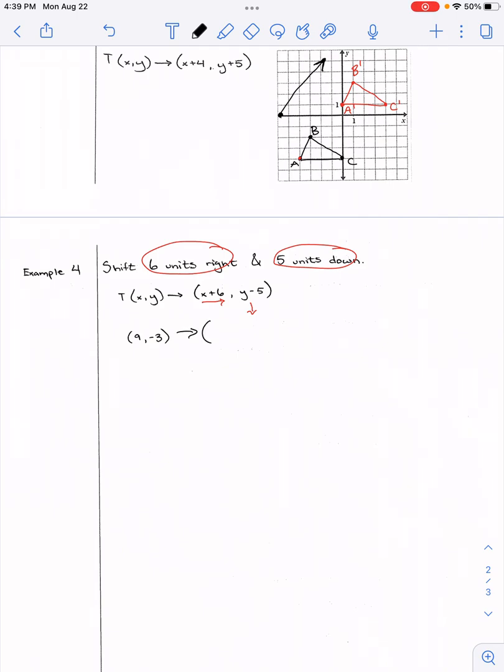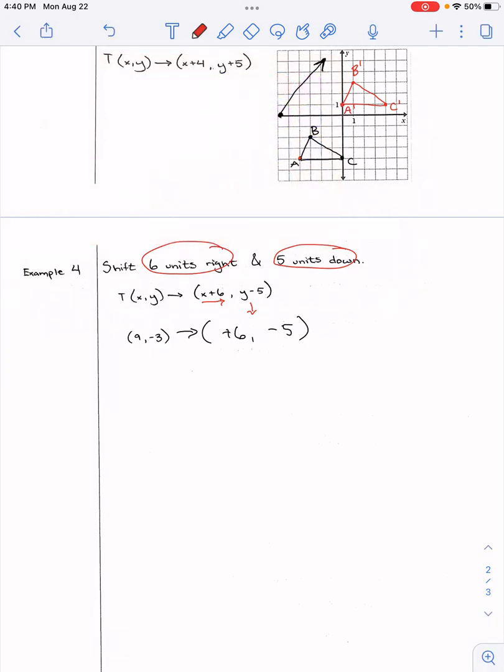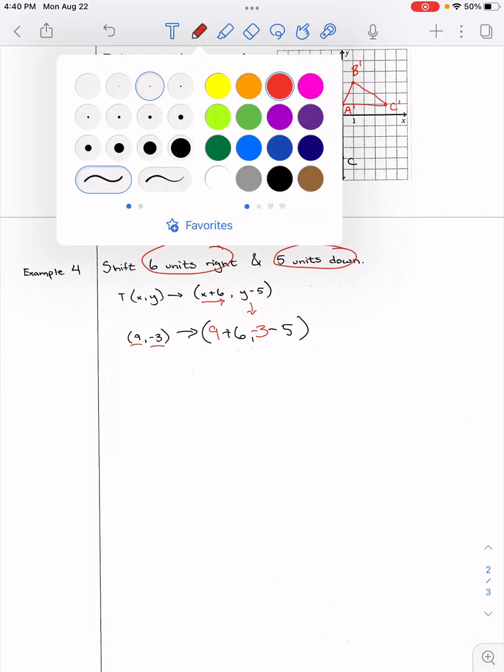Our skeleton is going to be the image without any variables. So x plus 6, I'm just going to put a blank and then a plus 6. Instead of y minus 5, let's put a blank and then a minus 5. I'll plug in what our pre-image is, which is 9, negative 3. So 9 goes here, negative 3 goes here. We'll have to be careful with our operations.